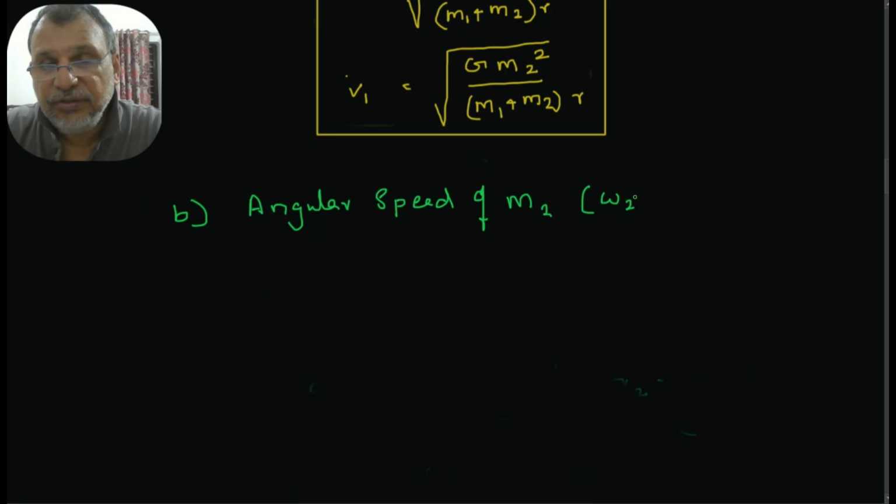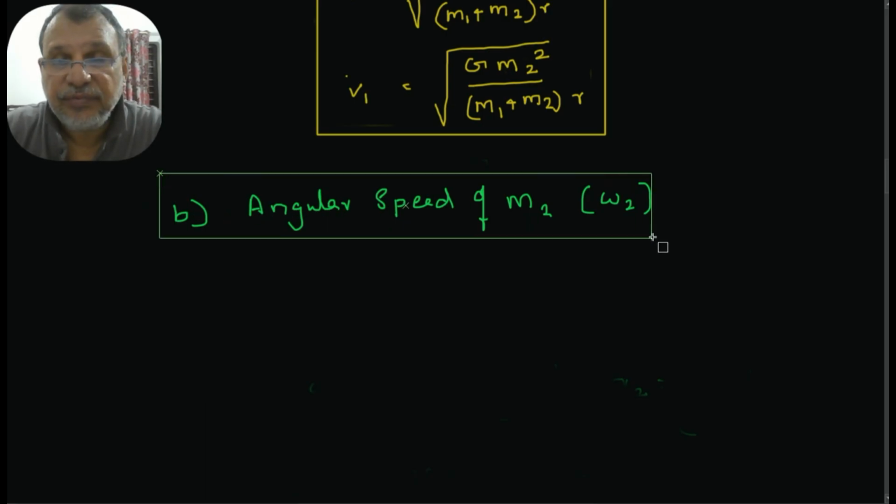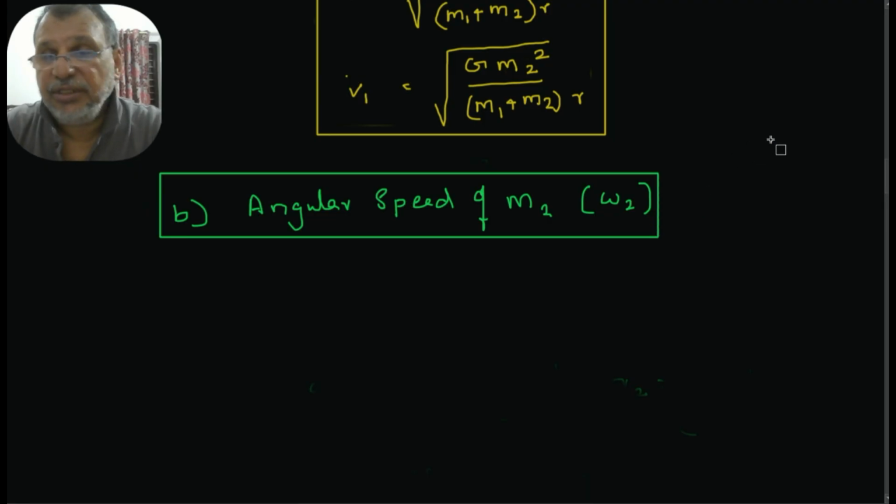Actually you don't need to do it separately because the angular speed for both the bodies in a two-body system would be the same about the center of mass.